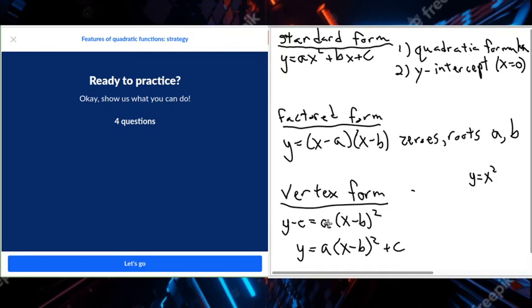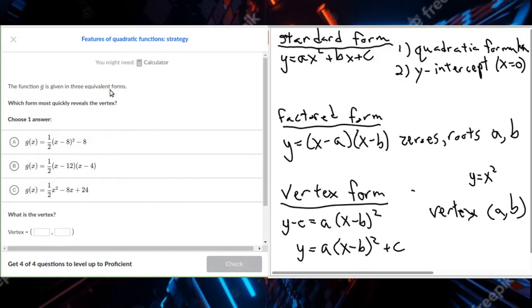Then we multiply by a, so it either gets more convex or concave, or goes up or down. So it's really easy to see. I like vertex form very much. Vertex form tells us the vertex, which is at b comma c. So we have three forms, and they're useful for different things.